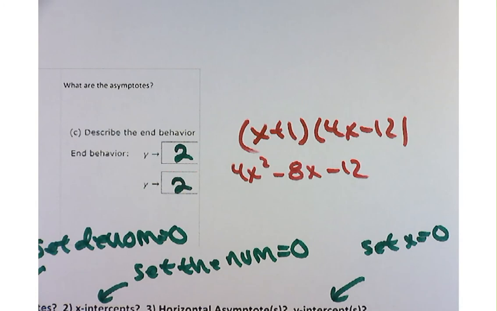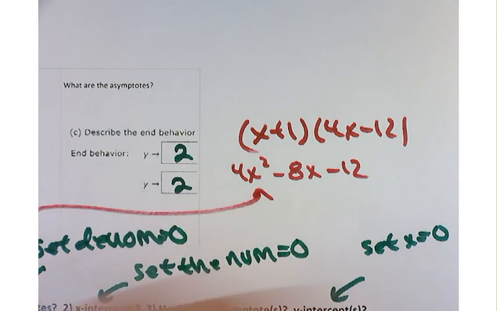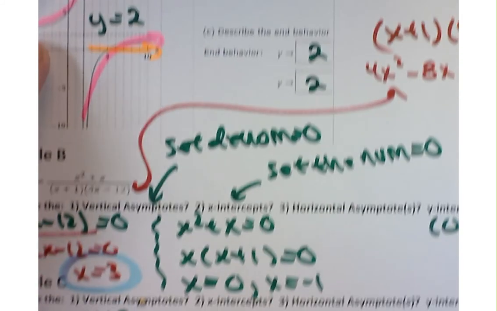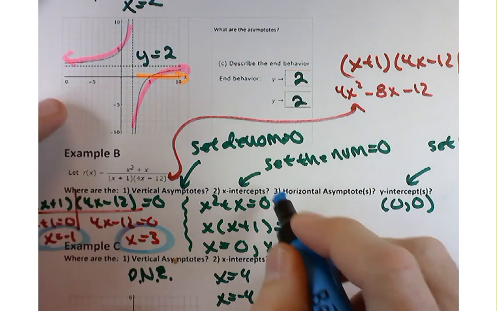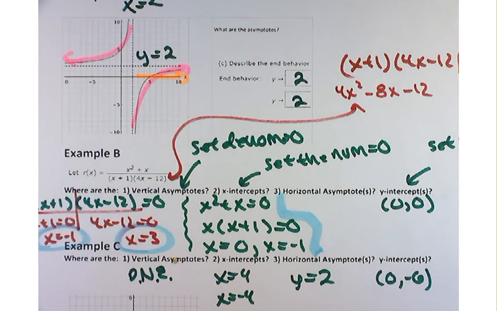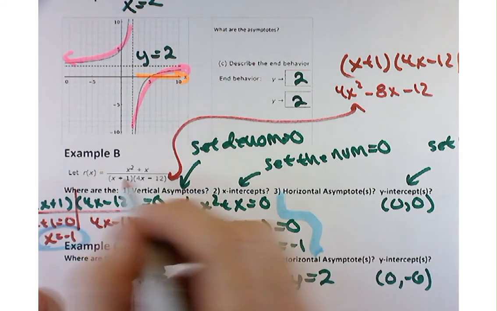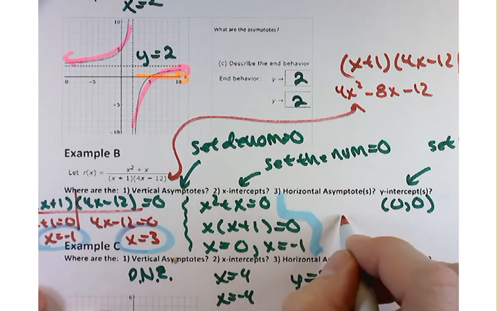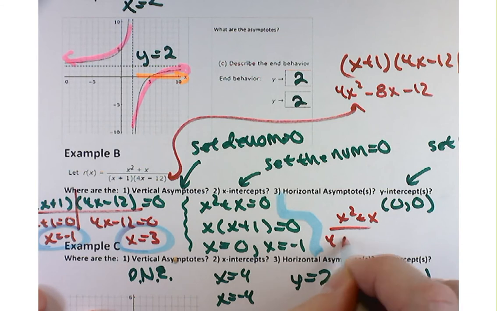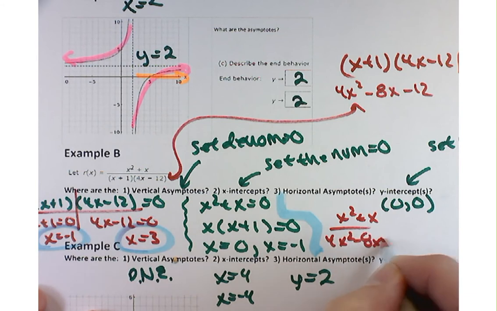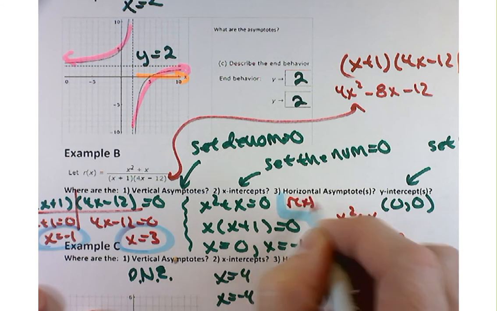So that's the polynomial I have in the denominator. So realistically then, my rational function looks like this: x squared plus x over 4x squared minus 8x minus 12.